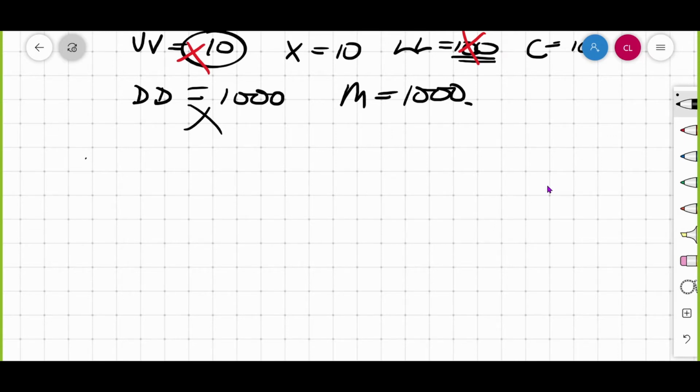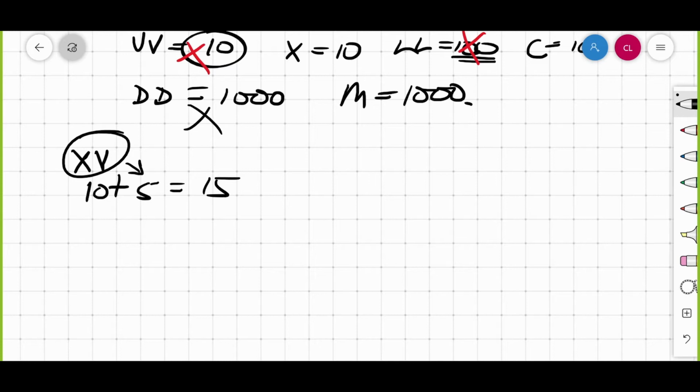We have X and we have V. The X represents 10, and the V represents 5. So all of this would be 15.